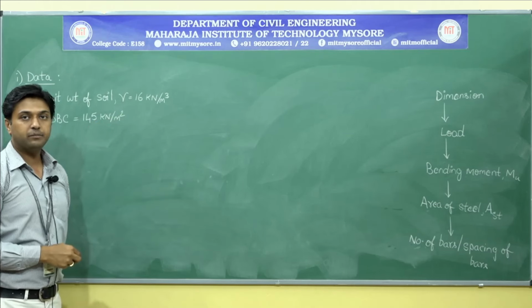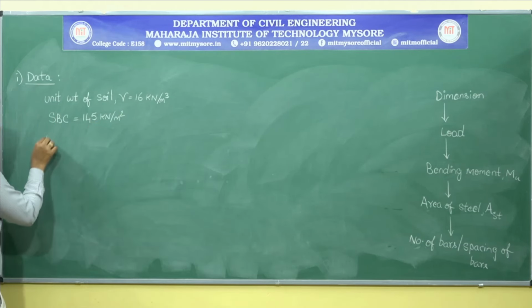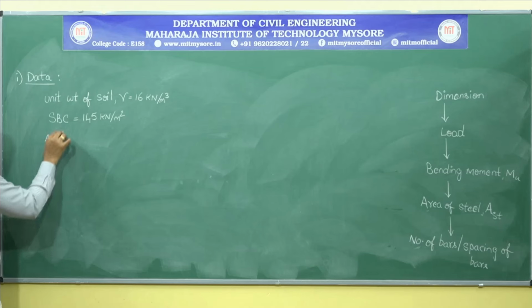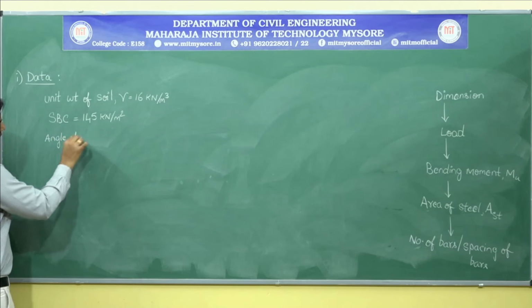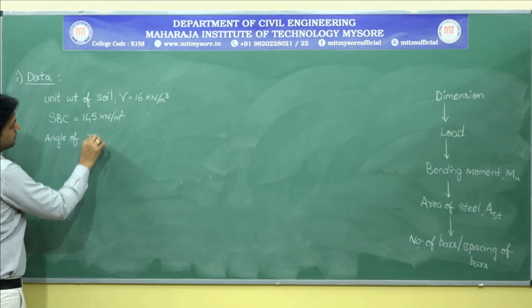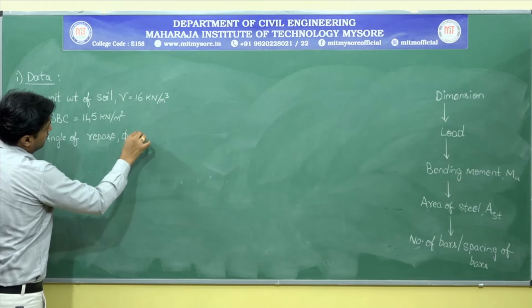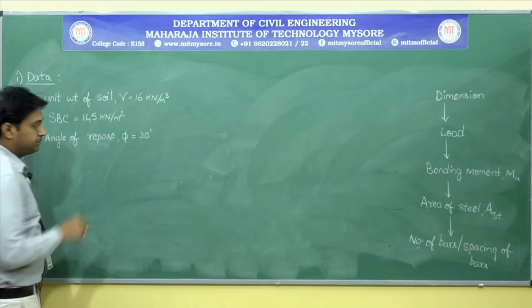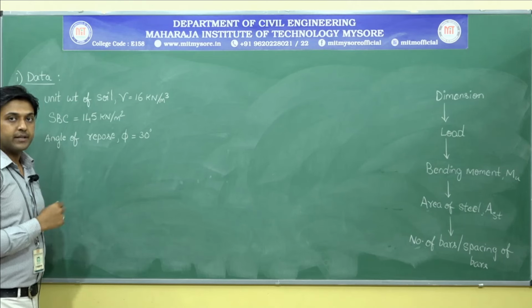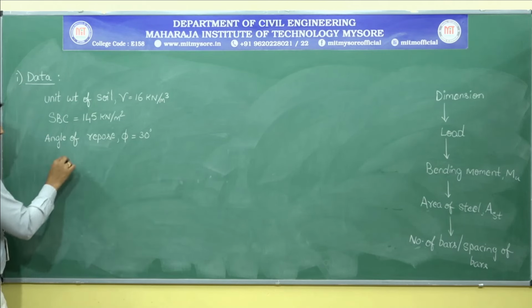What else have they given? They have given the angle of repose, 30 degree. Next they have given the grade of concrete.